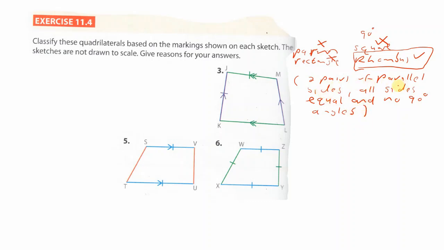Yes, so two pairs of parallel sides, all sides equal, and no 90-degree angles.